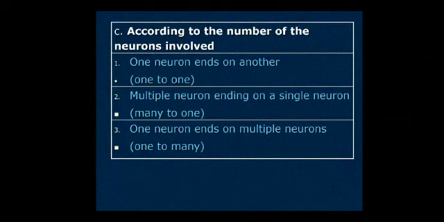And this is one of the classifications, that is, according to the number of neurons involved. One to one, that is, one neuron forms only one synapse with another. Multiple neurons ending on a single neuron is many to one, and one neuron may form synapses with multiple neurons, called one to many.